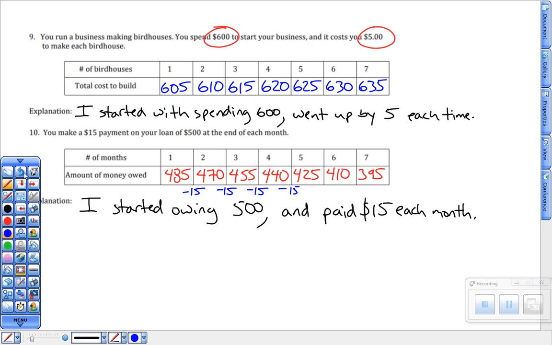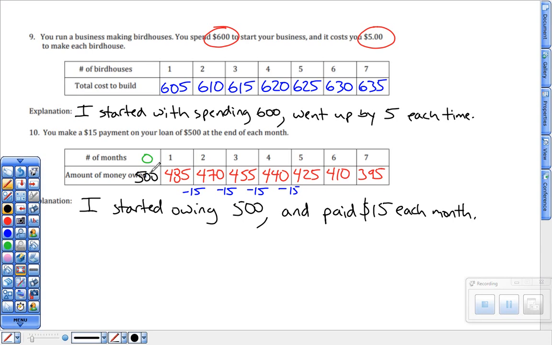And then again, if I went back to the 0 month, you could see this table is going down by 15. If I go up, that would be 500. So at 0 months, before I paid anything, $500 is what I owe. So again, tables, these are a big part of the math for this class.